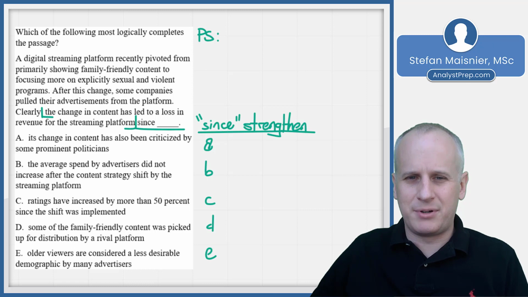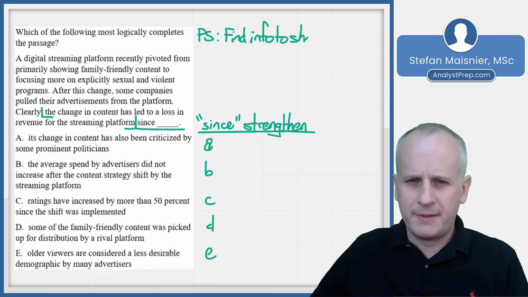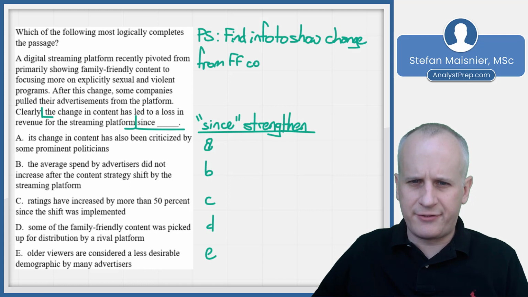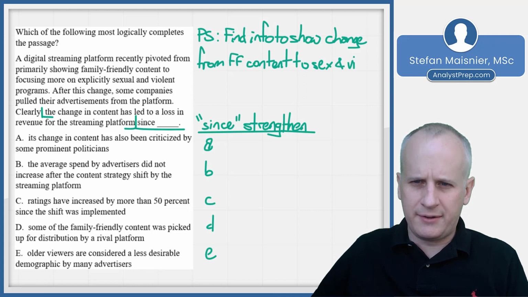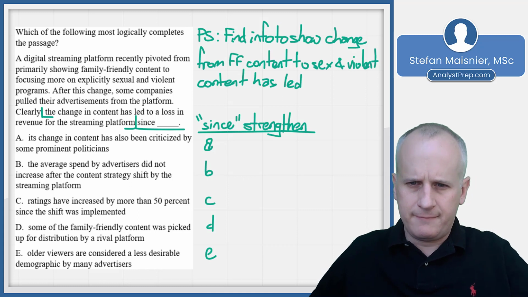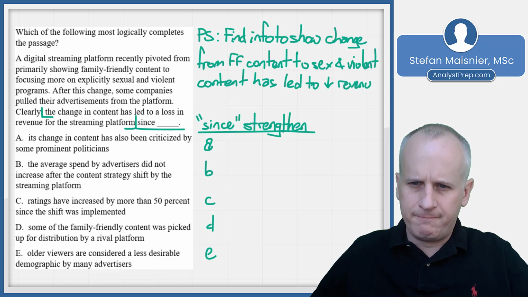So we could just say, as our predicted way to strengthen, find info to show that the change from FF content, for family friendly, to sex and violent content has led to a loss or down revenue for our streaming platform.